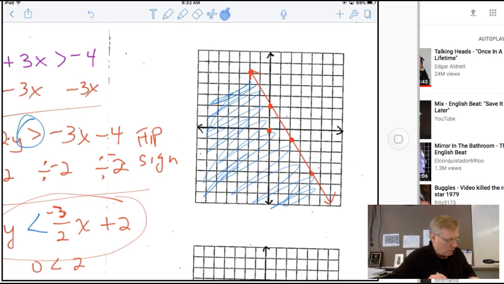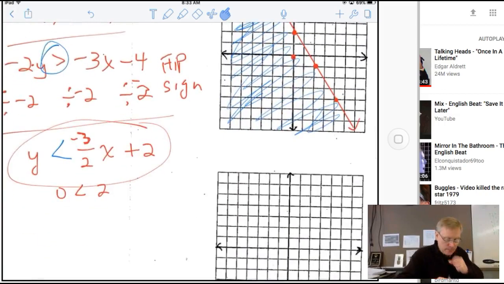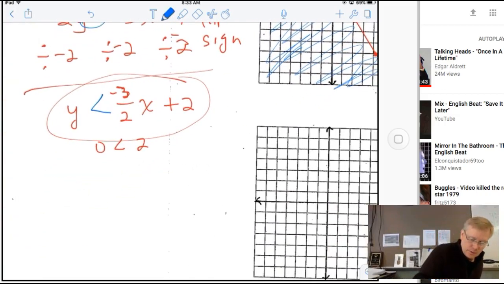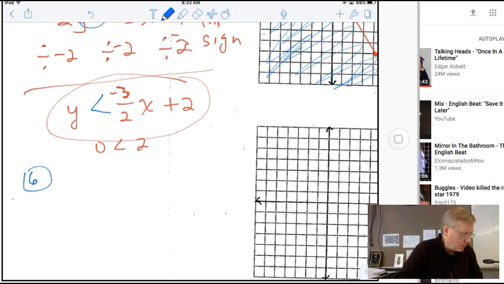Okay, great. Now, my last problem, number 6, is determine whether the ordered pair is a solution to the linear inequality. Those are the directions.